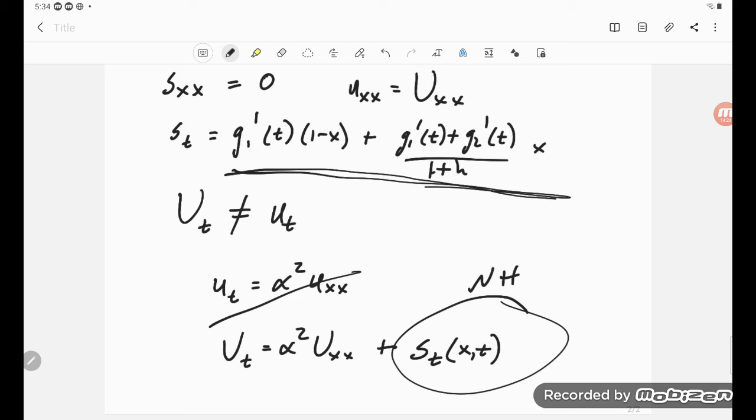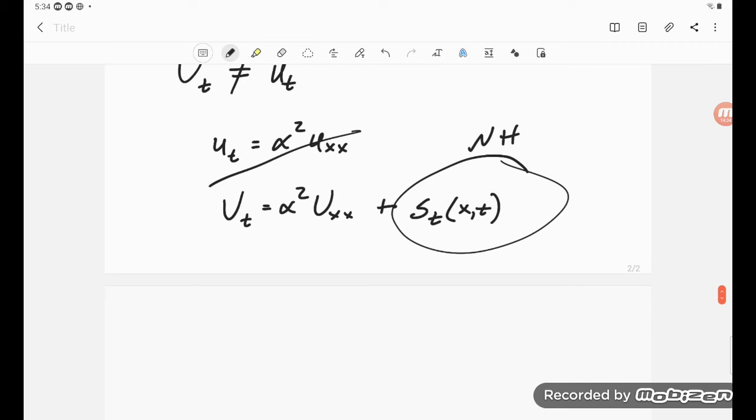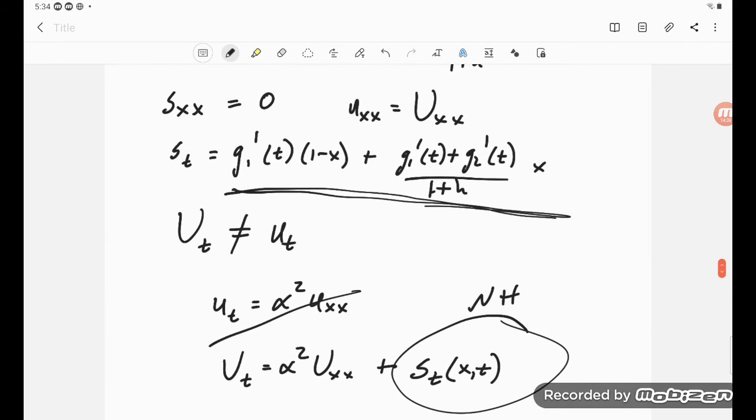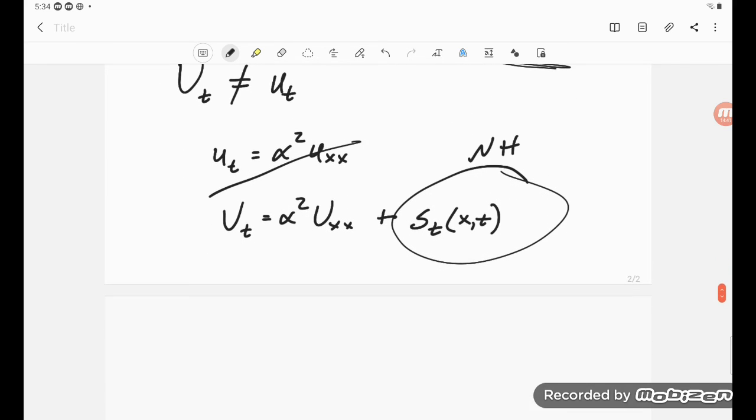We don't know how to solve this problem. Okay, we can't do it with separation of variables. So we would be stuck here as far as trying to solve this problem. So we can transform the boundary conditions, but unfortunately, we don't know how to solve the problem.